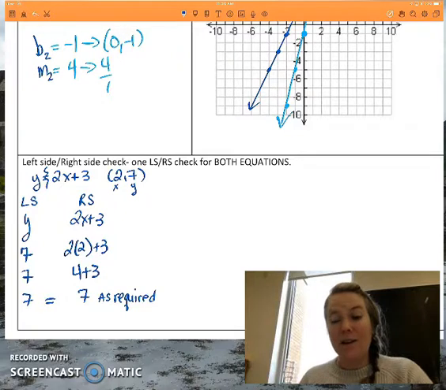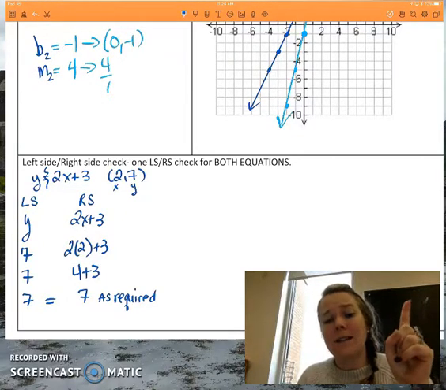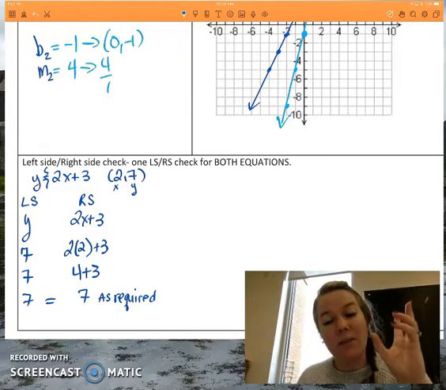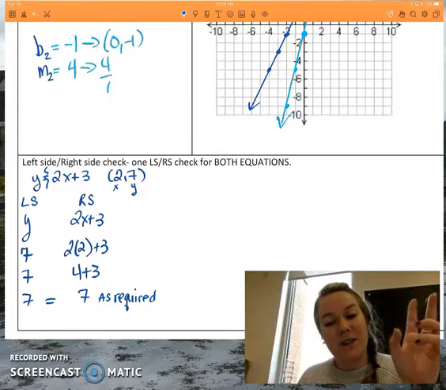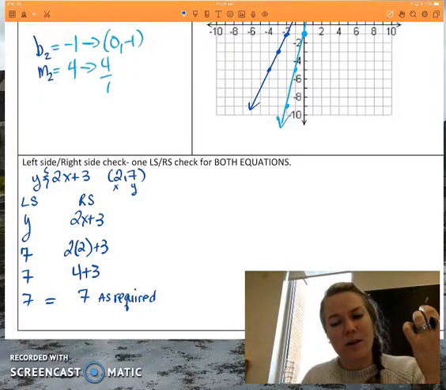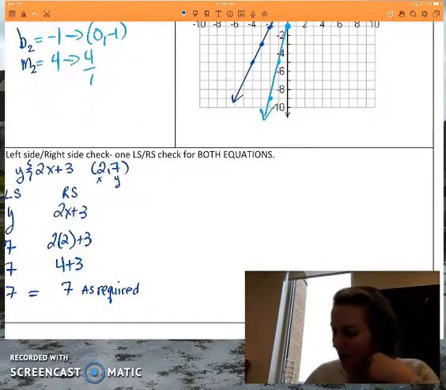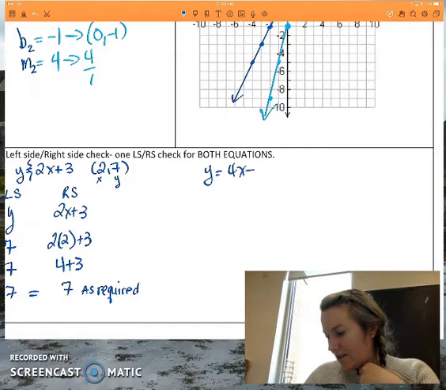Am I done? No, because just because a point's on one of the lines doesn't mean it's on both of the lines. And to be the solution, it's the only point where both of the lines have the exact same x and y value. So I actually have to test the other equation also. What was the other equation? y equals 4x minus 1.